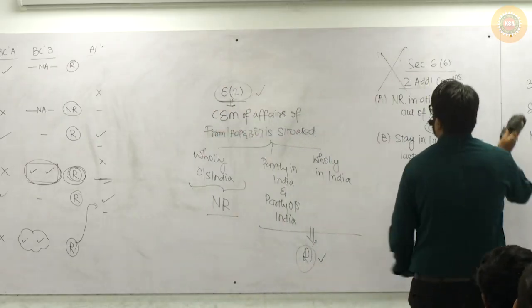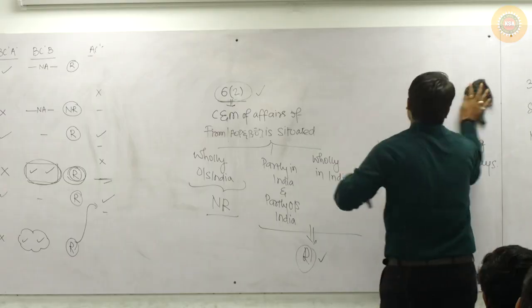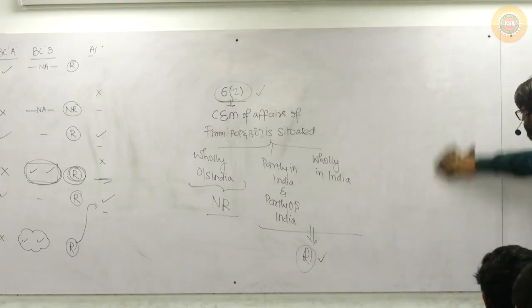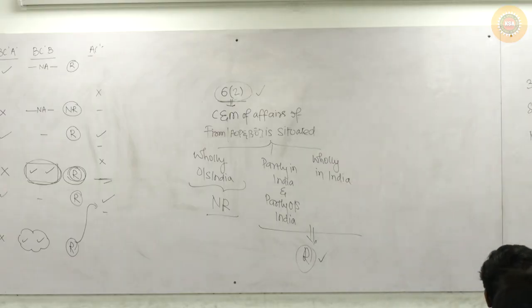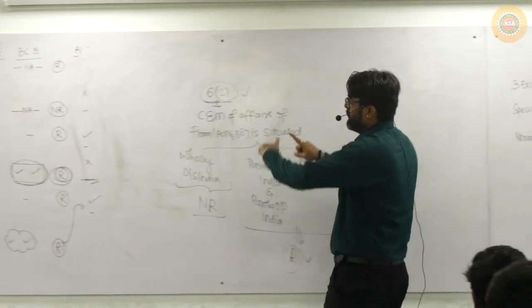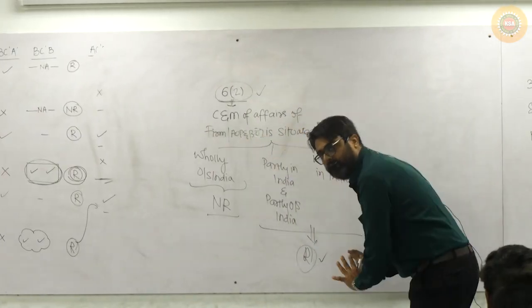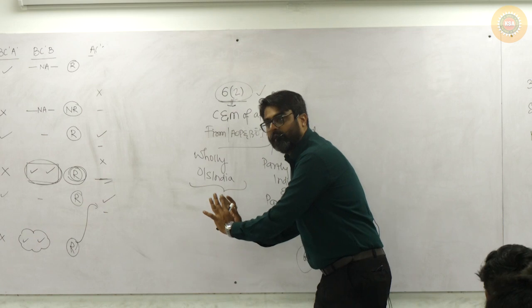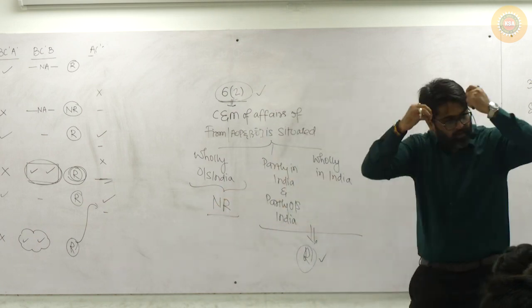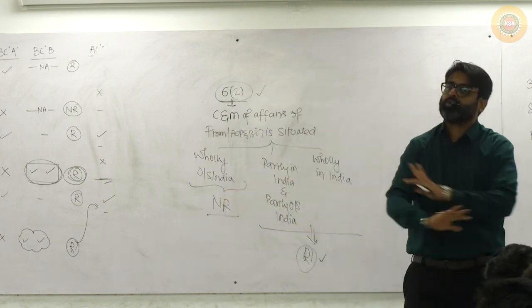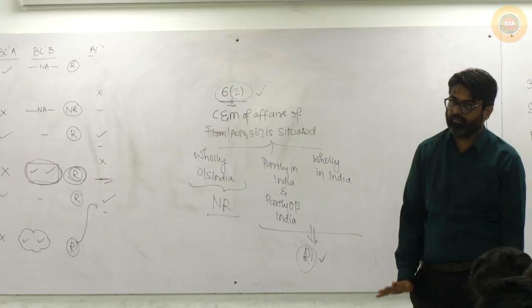Hence, these additional conditions will not be applicable in any of the cases. This was applicable only in the case of individuals and HUF. In every other case, only check the residential status, either resident or non-resident. If resident, by default, ordinary, no chance of becoming RNOR.